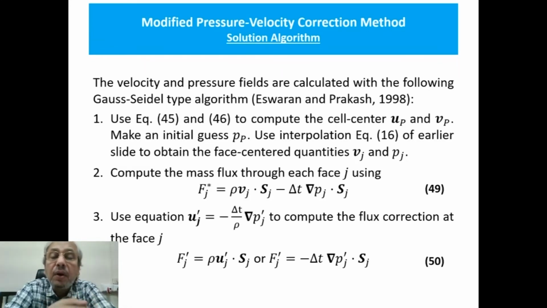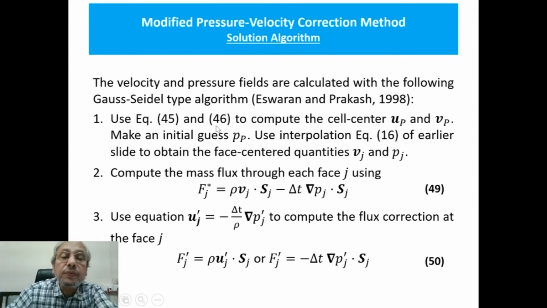So this new algorithm, compared to the Gauss-Seidel type algorithm of Ishwaran and Prakash that we have already seen, what can be done? This modified algorithm is also proposed by them, and here also Gauss-Seidel type iterations are used.